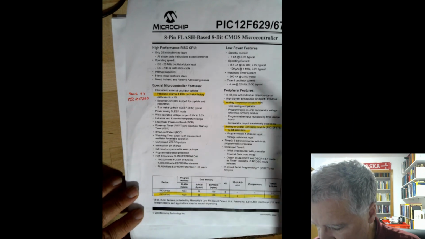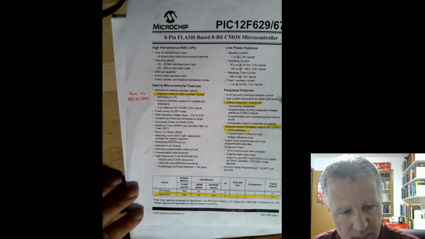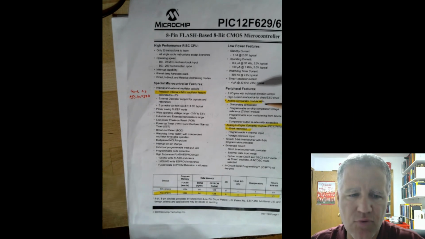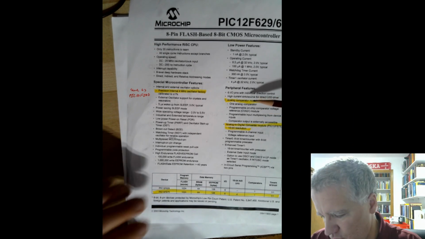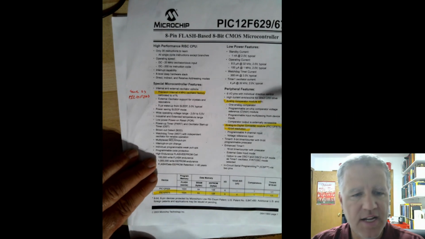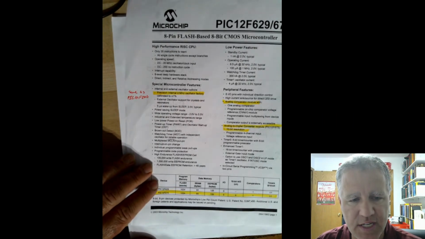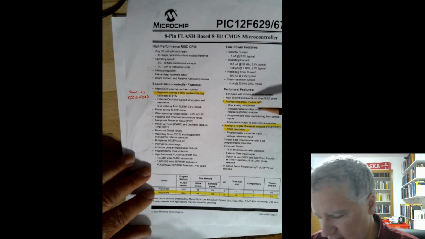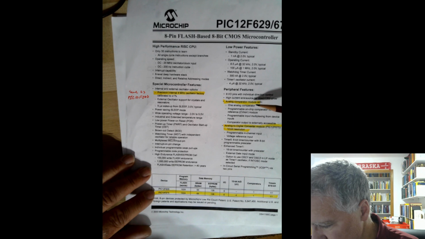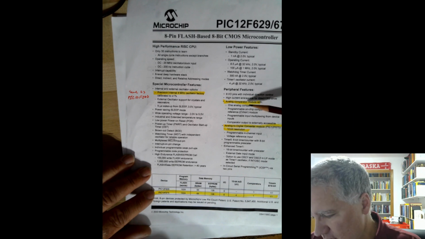Some flash and EEPROM, so we'll probably do a lab writing to that. It might be a bonus lab, so we'll get a little bit of familiarity there. That always has to be referenced with indirect references, so we'll have to review that a little bit, but we did do that in the PIC10F200 sequence, although not with EEPROM.